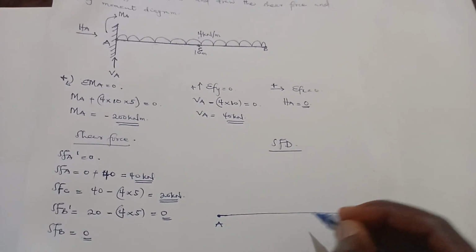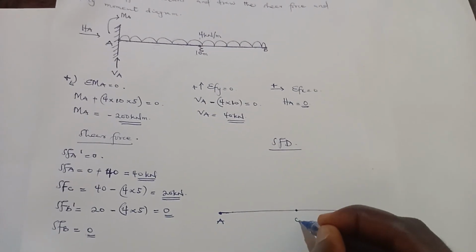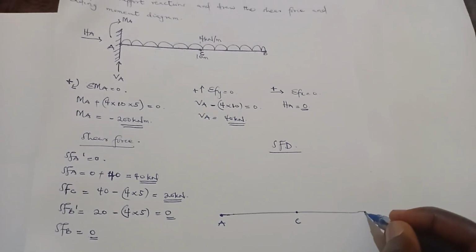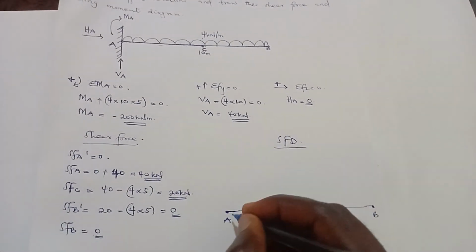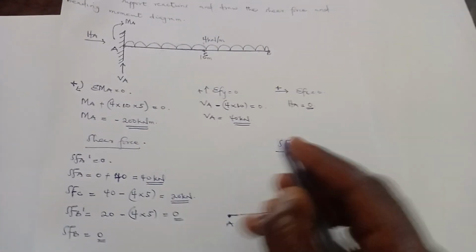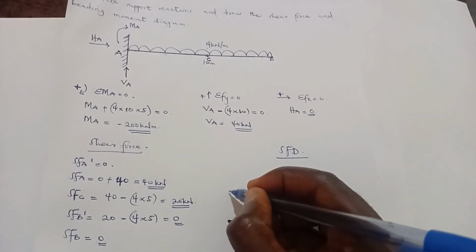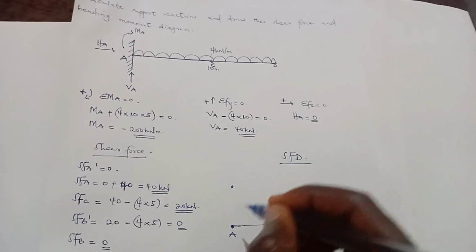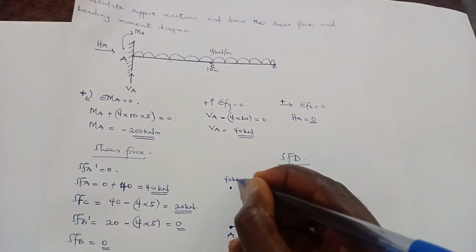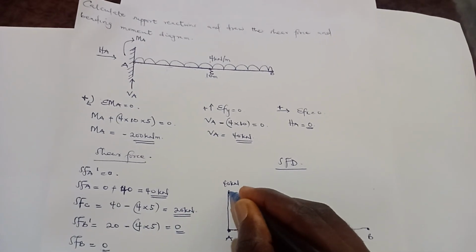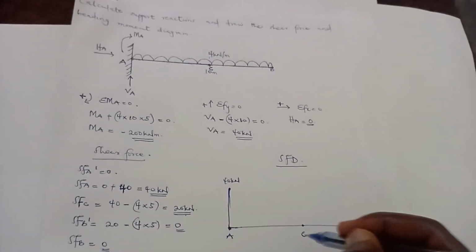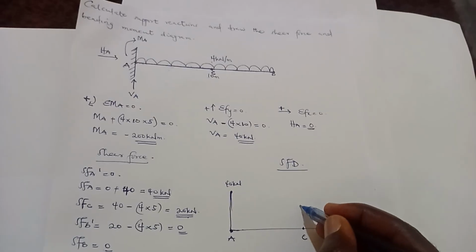So this side is A, this side C, and this side is B. Shear force at A prime is 0, so 0 is here. Shear force at A is 40, so 40 kilonewton is here, and we'll connect the two. Shear force at C is 20, so 20 somewhere here.